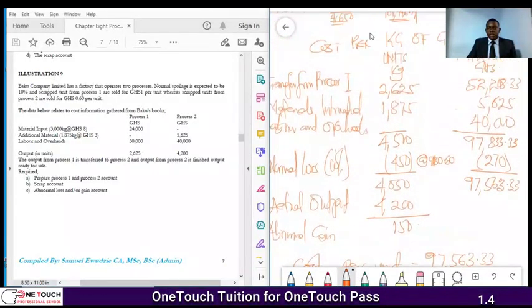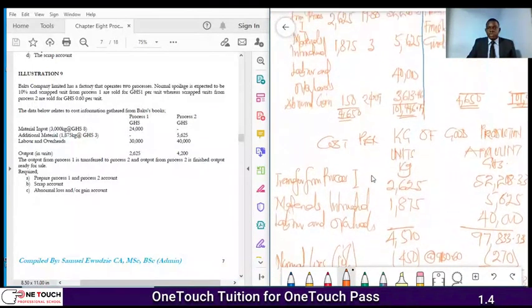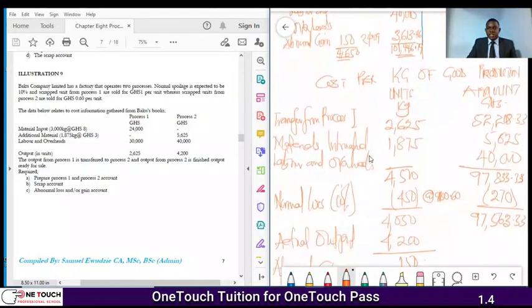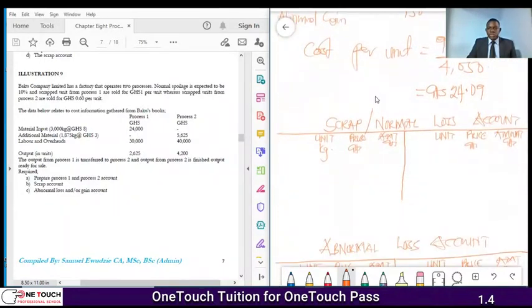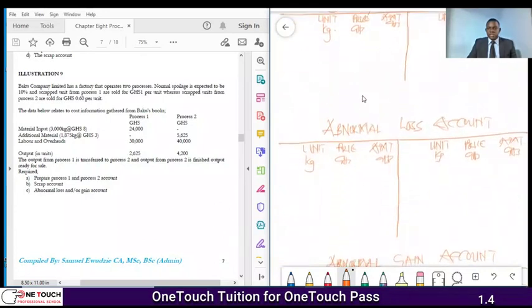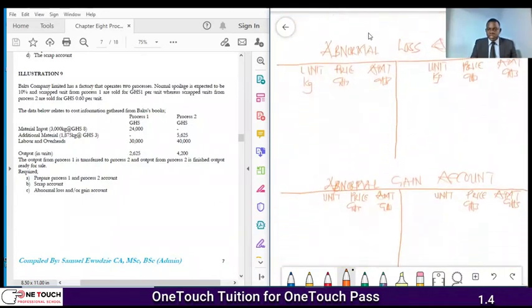So let's see. We have abnormal gain in process 2 of 150. So the process was debited. So we have to credit the abnormal gain account in the name of process 2. Okay, the unit was 150.